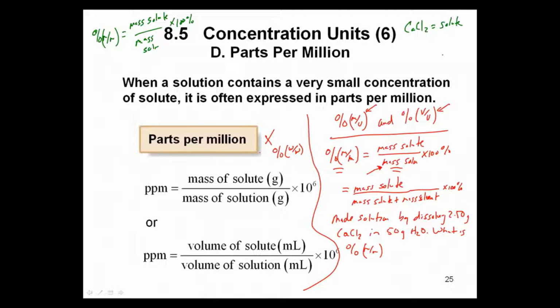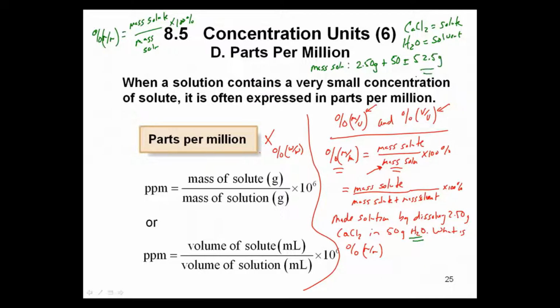So the solute would be 2.5, but we do need to calculate the mass of the solution. The mass of the solution would be the 2.5 grams, which is our solute, plus the 50 grams, which is our solvent. So our water is our solvent, so we want to add it. And that means that our solution would be 52.5 grams.